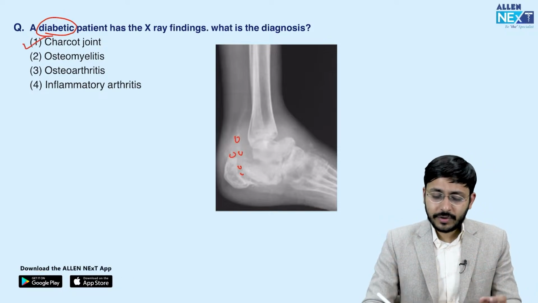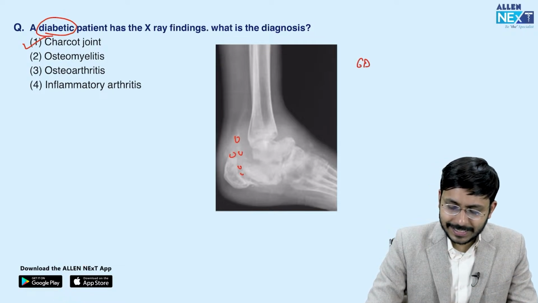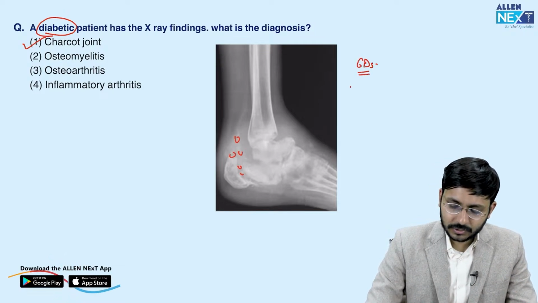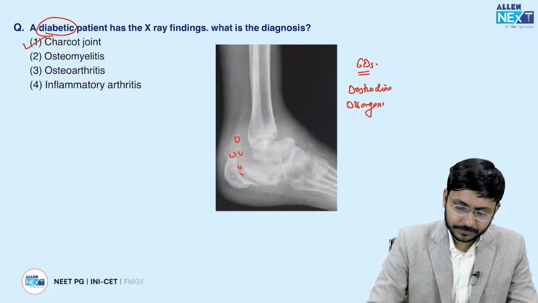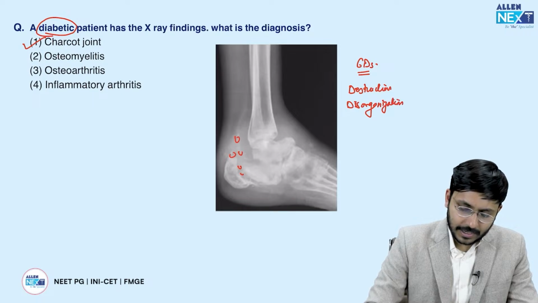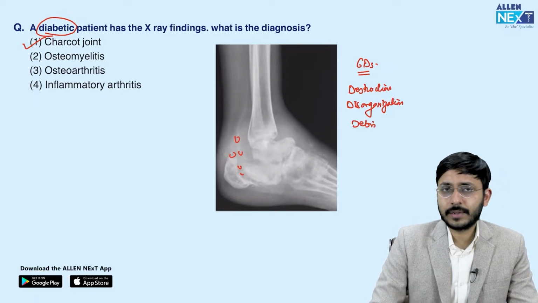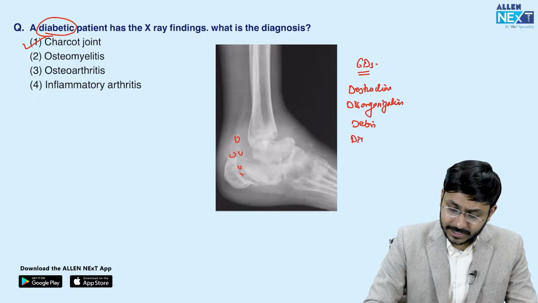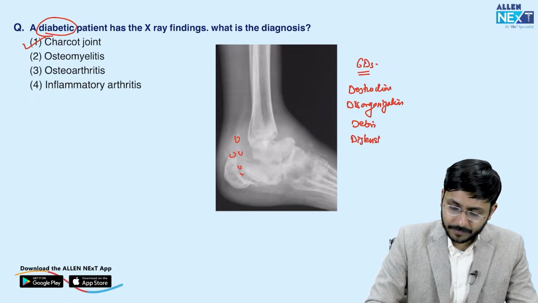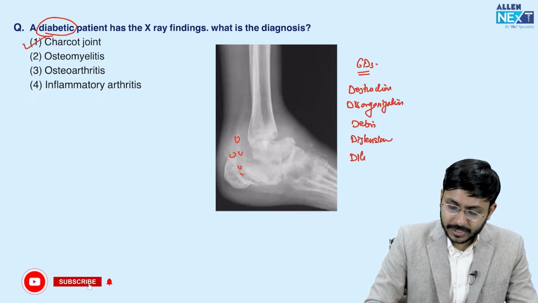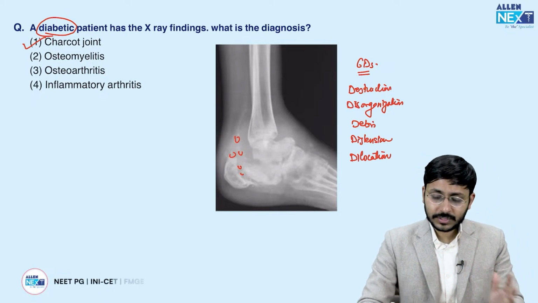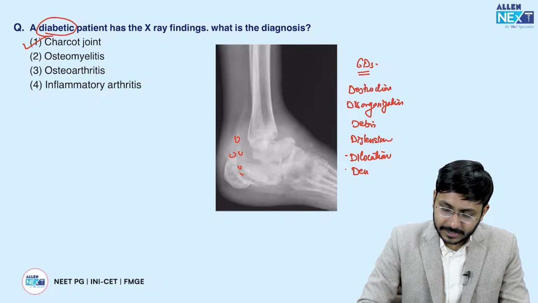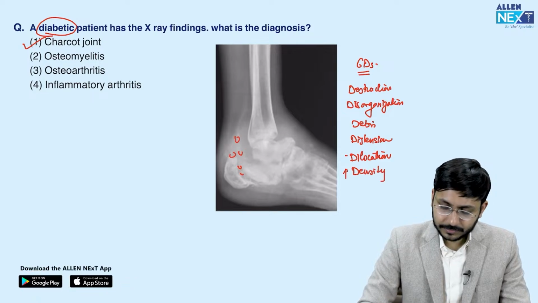So in Charcot's joint, we have typical 6 Ds that we talk about. Okay, so we have destruction of joint, we have disorganization, we have debris within this joint, we have joint distension, we have dislocation of various bones, and the individual bones have increased density.